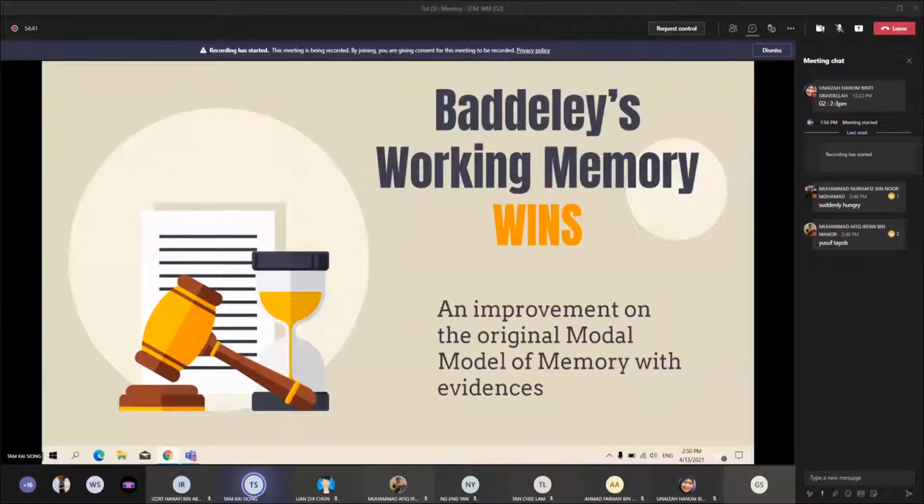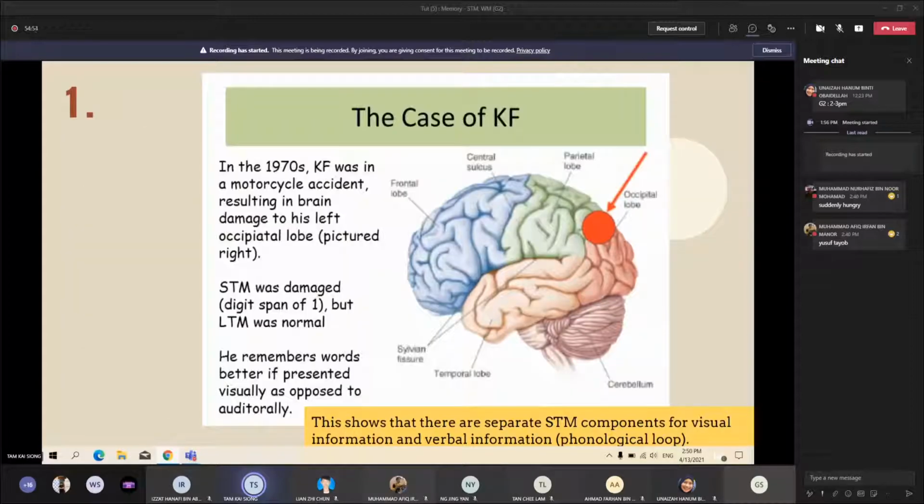So when they compare, Baddeley's working memory wins. This is because Baddeley's working memory is an improvement on the original model of memory, with evidence. First evidence is the case of KF. KF was in a motorcycle accident in 1970, and his brain was damaged.